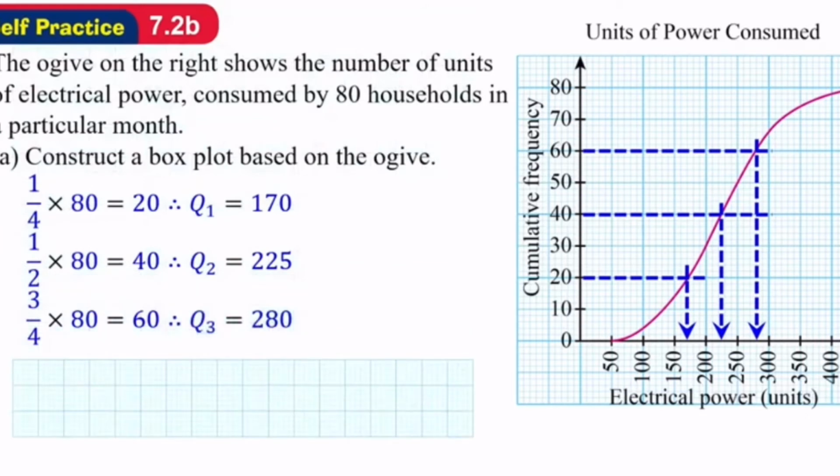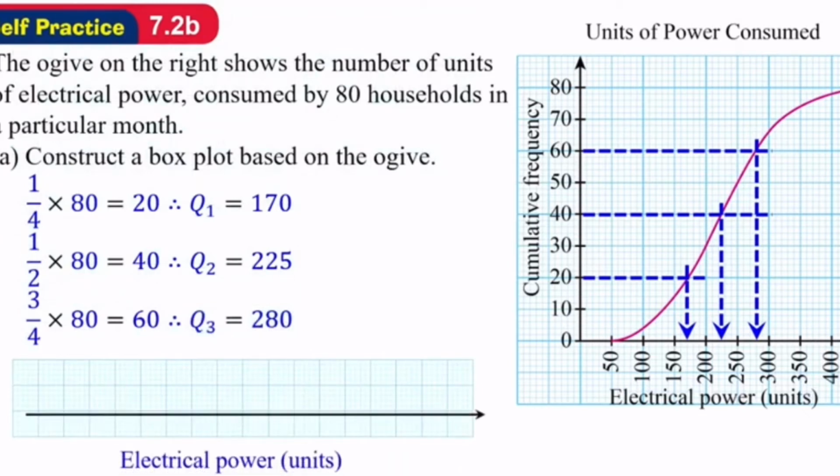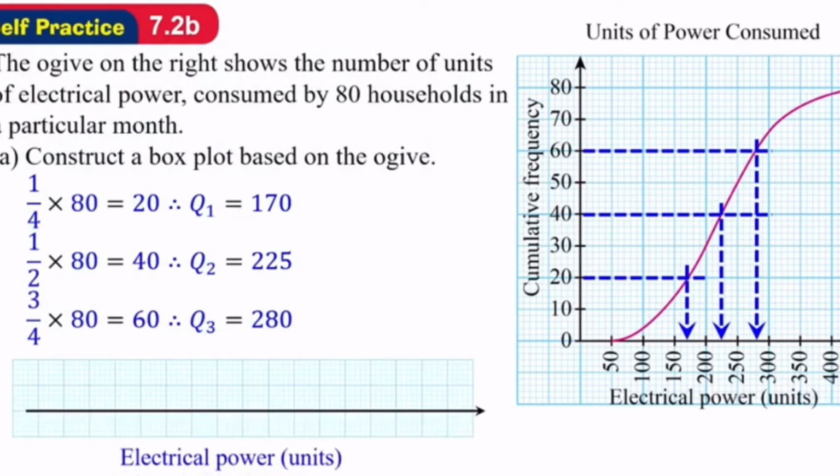So now you need to use a graph paper to construct a box plot. Now let's label the axis carefully. It's a horizontal axis to show electrical power units.